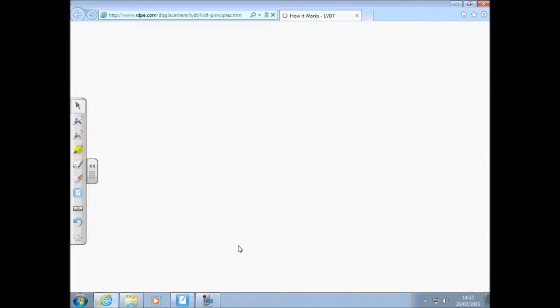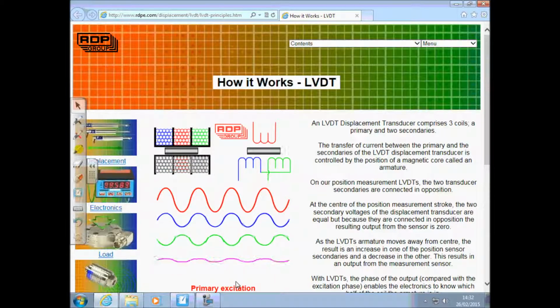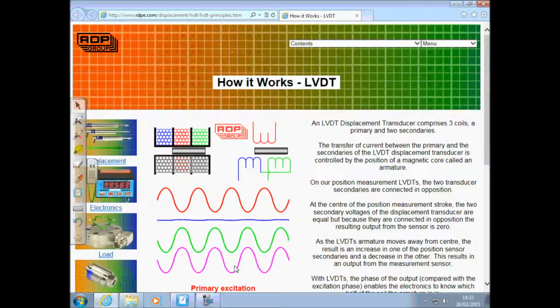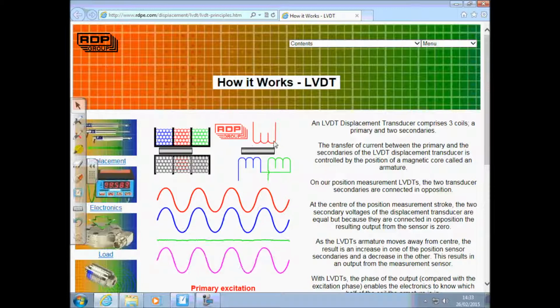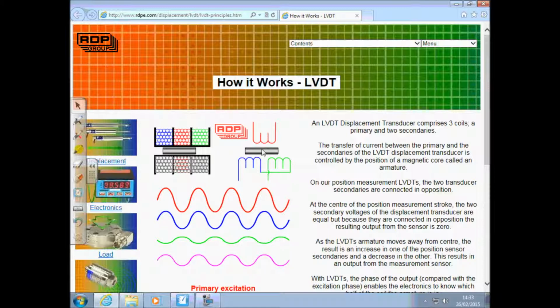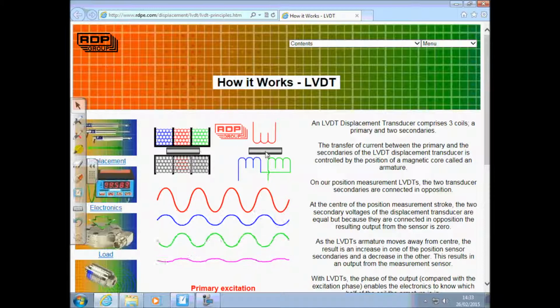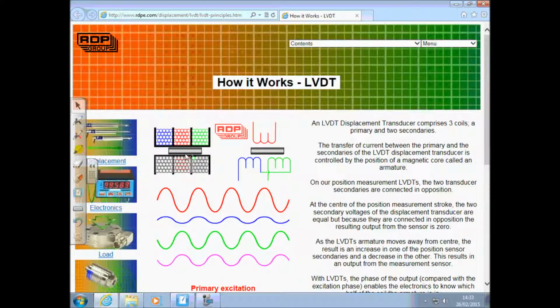And if we just take a quick look at this little link here, as that core moves, you can see that the output, the pink one at the bottom, is going up and down. These are the two. This is the primary excitation on this coil here. So as it moves, if we move towards the blue one, you can see the blue output becoming bigger, the green one becoming smaller.